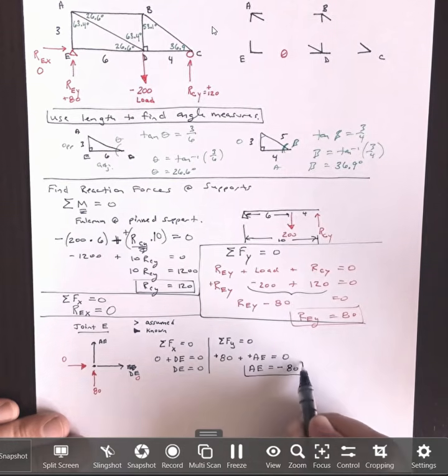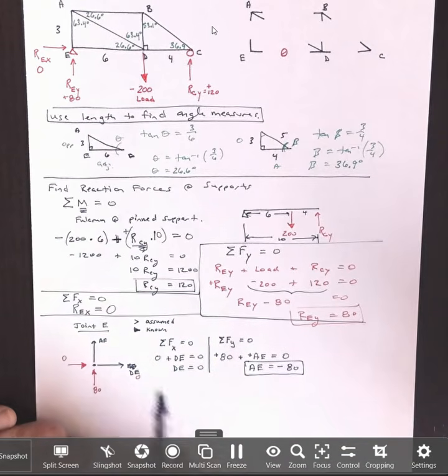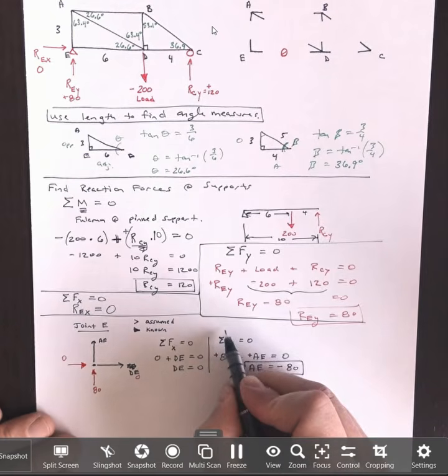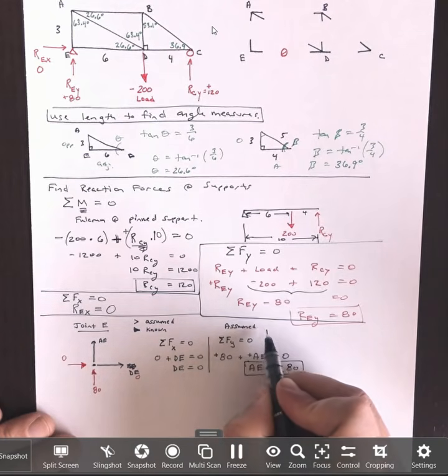What happens here, with this idea of assuming a member is in tension and solving, if you ever get a negative value, what you're finding is the opposite of what you assumed. Remember, we assumed tension.